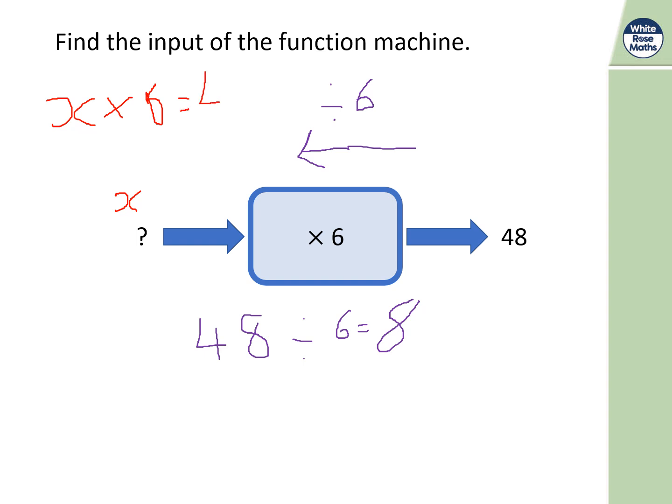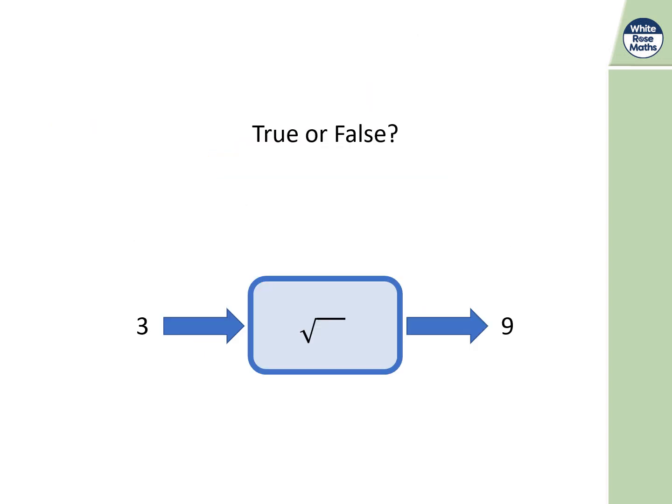Divide both sides by 6 to get x on its own. You'd get that x is equal to 8. 48 divided by 6 is 8. So the input is equal to 8. So here we go. Going backwards, we're going to divide by 6.